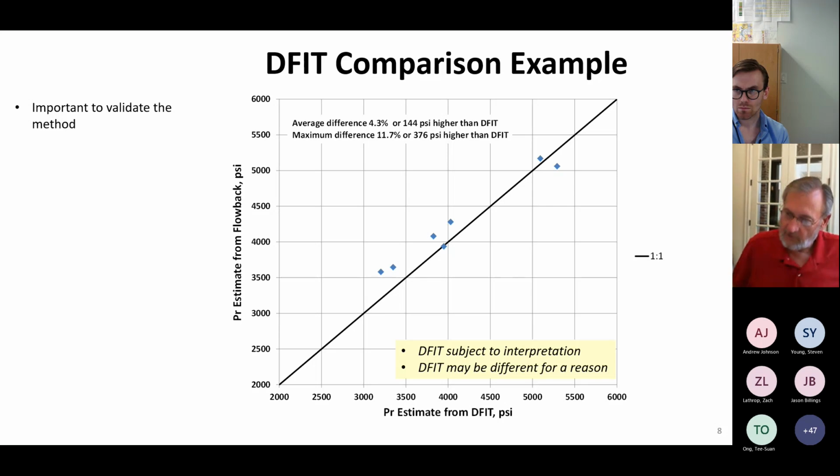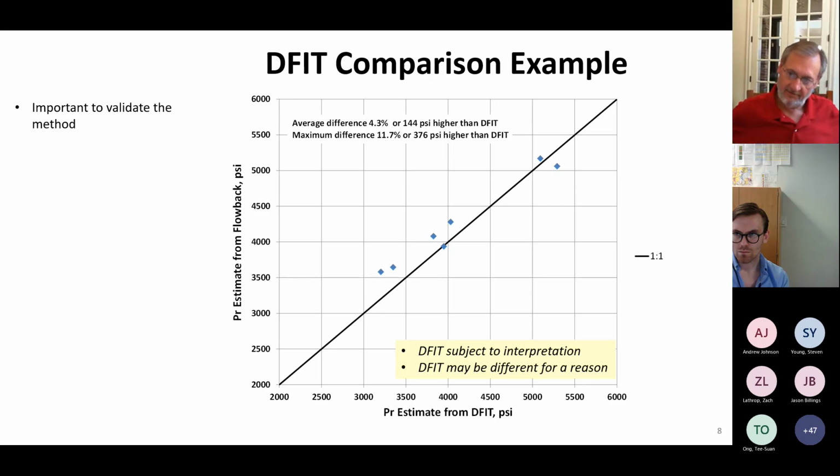Yeah, well, for one thing, this is a small number of data points, and I've seen it go the other way too. Especially if you have to use pressure at first hydrocarbon to estimate your reservoir pressure, that would probably make everything fall below the line.